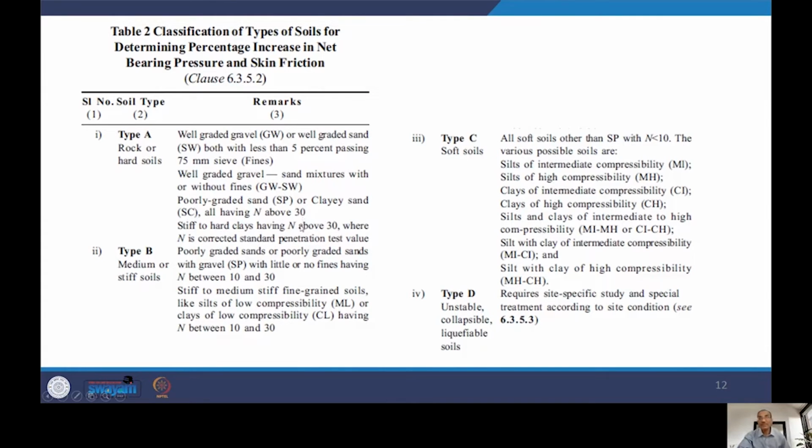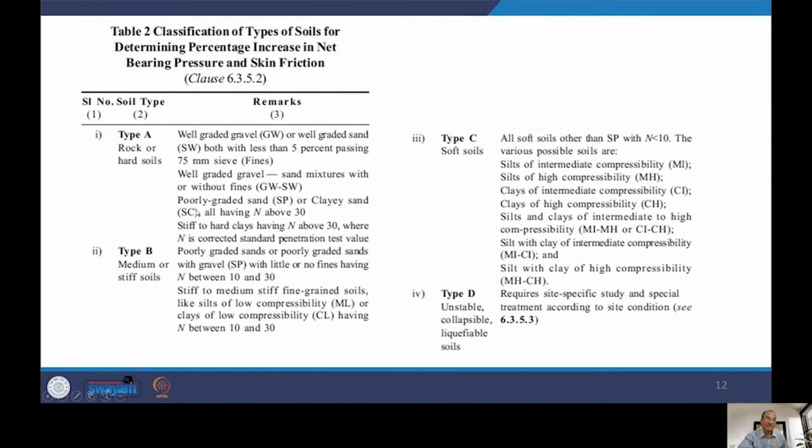So first of all, the value of N should be greater than 30, and Type A will normally be well-graded gravels or well-graded sands, but if you have poorly graded sand or clayey sand, then one needs to make sure that the value of N is above 30.